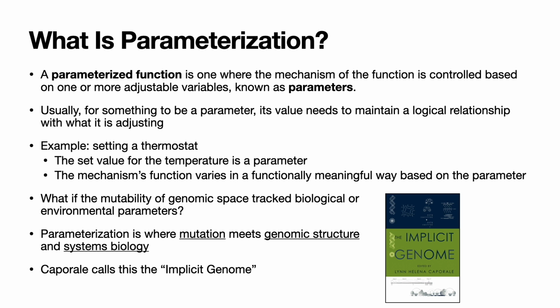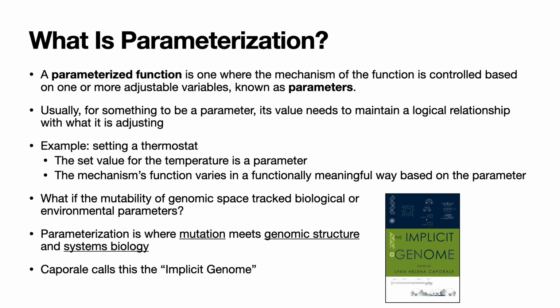Now, usually for something to be a parameter, its value needs to maintain a logical relationship with what it's adjusting. So for example, setting a thermostat. The set value for the temperature is a parameter, and the mechanism's function varies in a meaningful way based on the parameter. So the question is, what if mutability of genomic space tracks biological or environmental parameters?